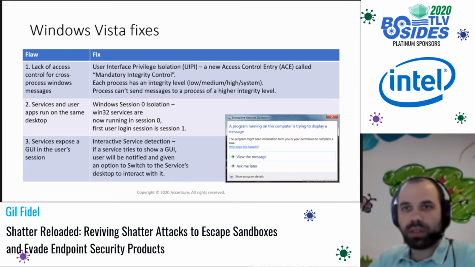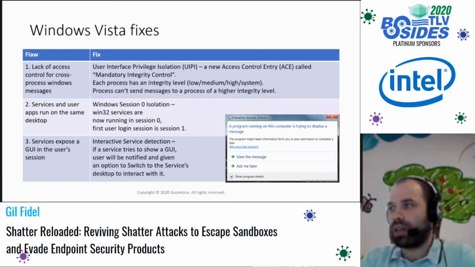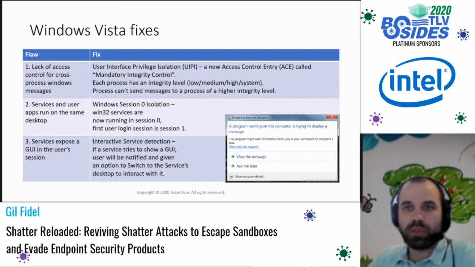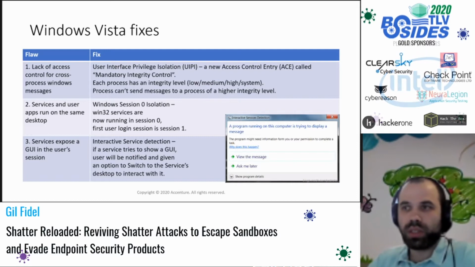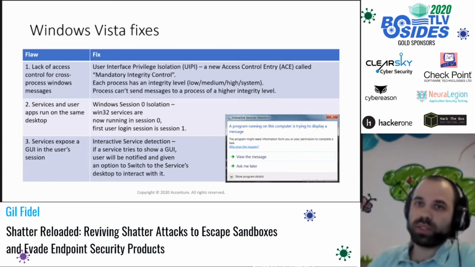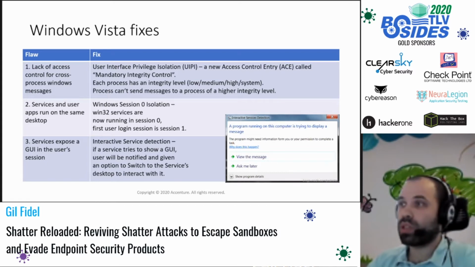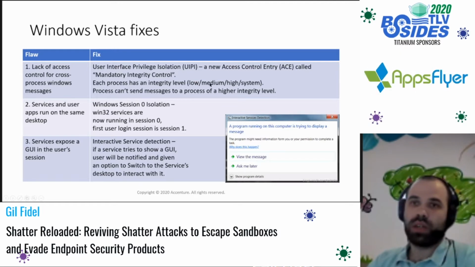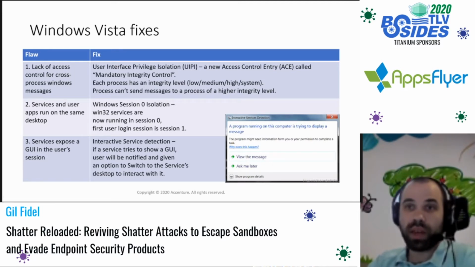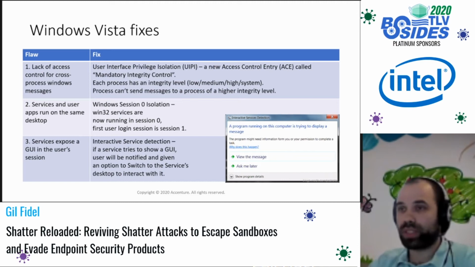The third thing Microsoft did in that regard, to preserve backwards compatibility for services that for some reason still wanted to show a GUI directly, is that if a service tried to show a piece of GUI, the user would receive this funny looking message. And if he made the mistake of clicking view message, he would be redirected to a special desktop that contained the UI shown by the service.